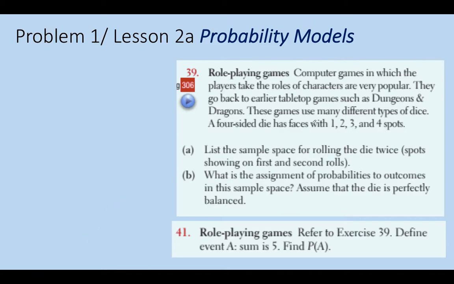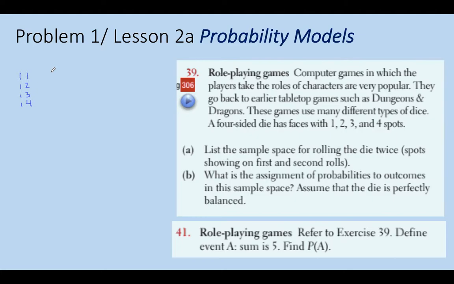All right, so some examples. Here we've got a case where we've got different types of dice, and we've got a 4-sided dice that has 1, 2, 3, and 4. It says list the sample space for rolling the die twice, or 2 dice. And so here, real simply, we could get 1, 1, then 1, 2, 1, 3, 1, 4. That takes care of all the ones where you got 1 right off the bat.